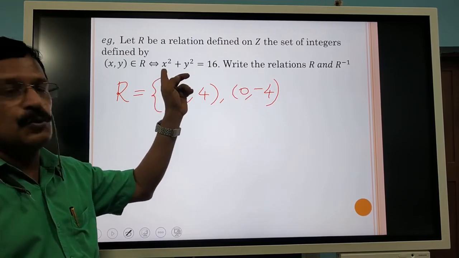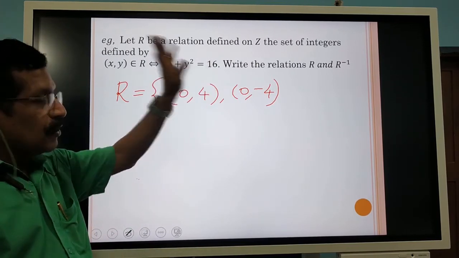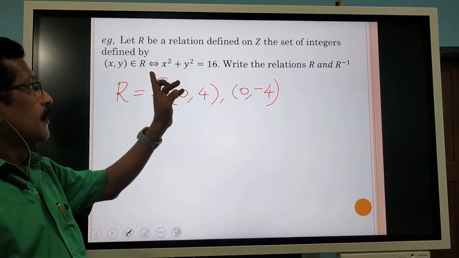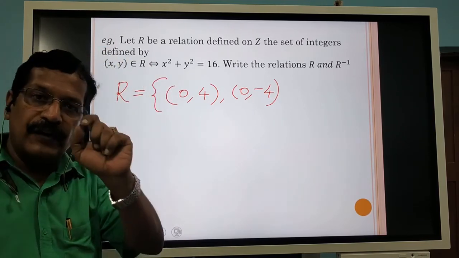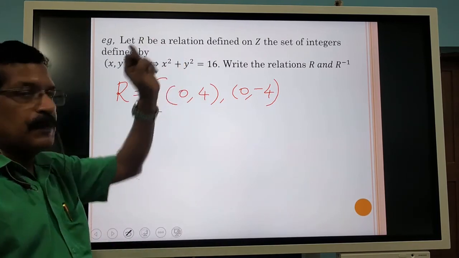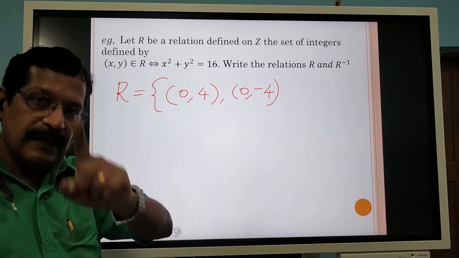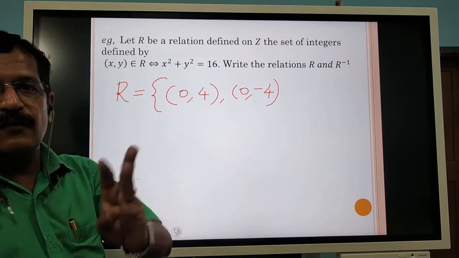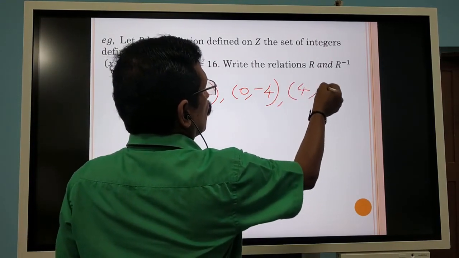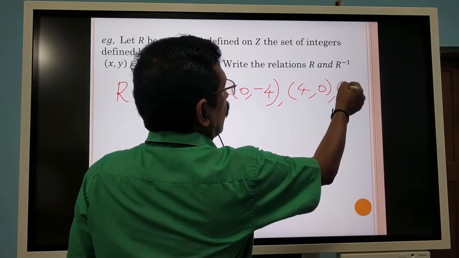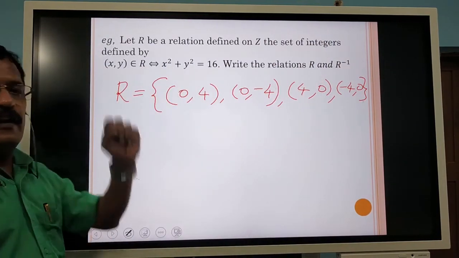If you give 2, it is 12, not possible. If you give 3, then also it is not possible. Now, we can give x equal to 4. When x is equal to 4, it becomes 16 plus y square, then y should be 0. So x can be 4 and x can be minus 4, whereas y will be 0. So the ordered pairs are (4, 0) and (minus 4, 0). So this is the relation R.